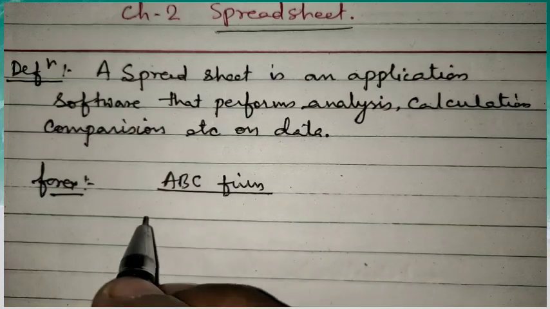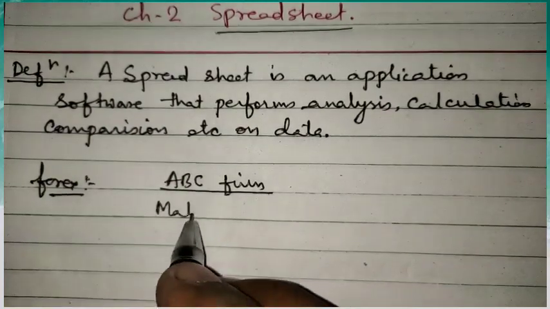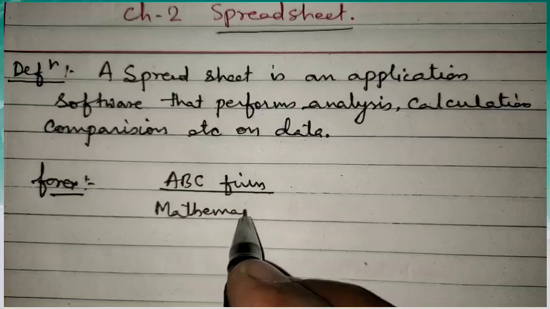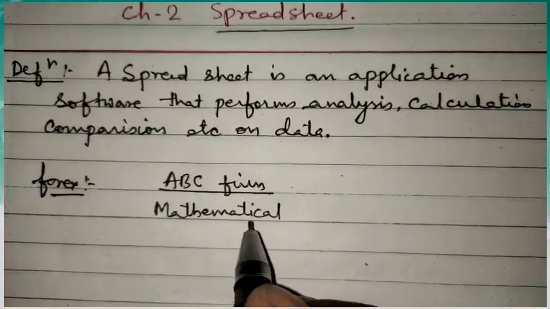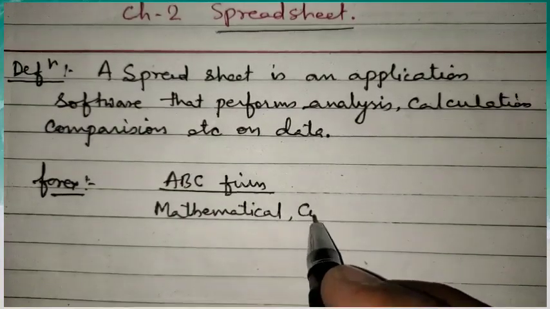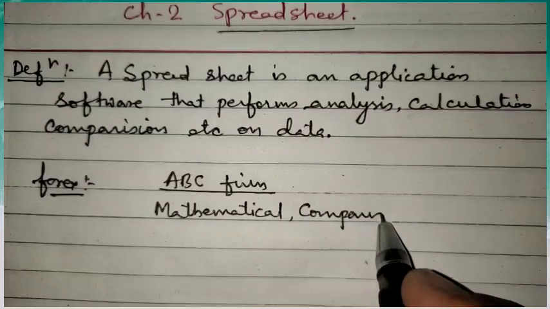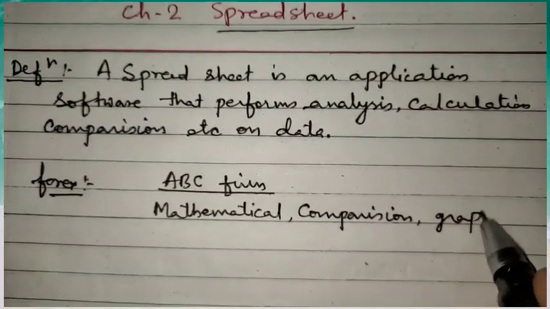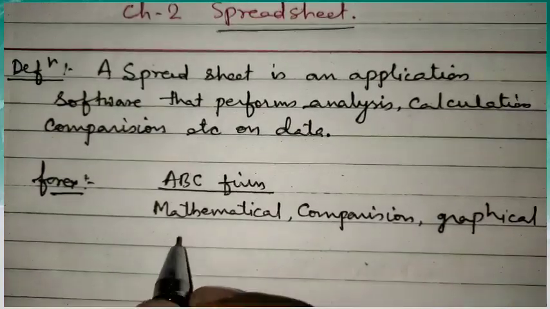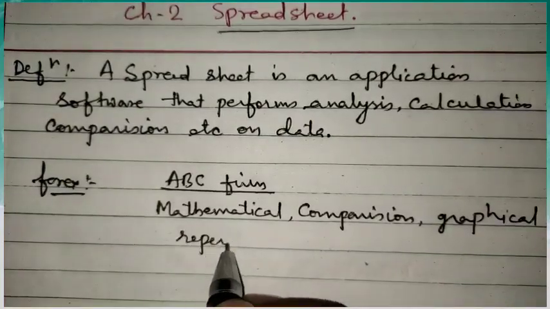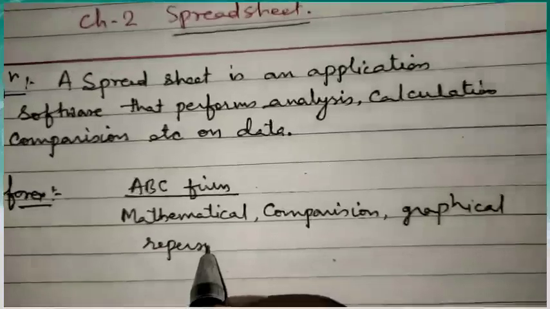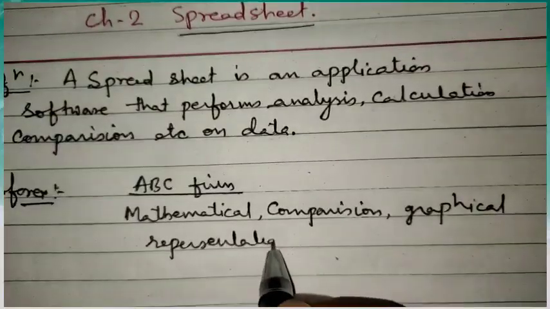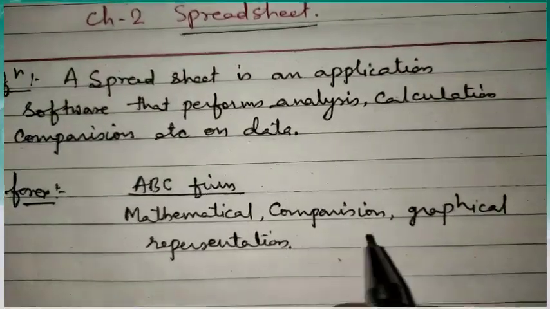Suppose any type of mathematical calculation, any type of comparison, any type of graphical representation we have to perform. These are the tasks which can be performed in any organization.